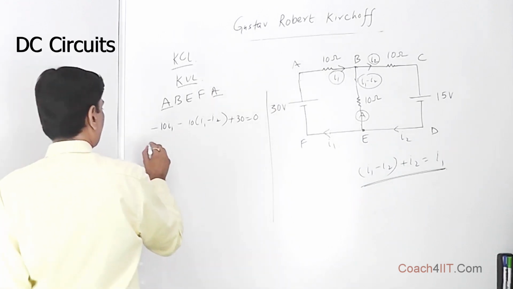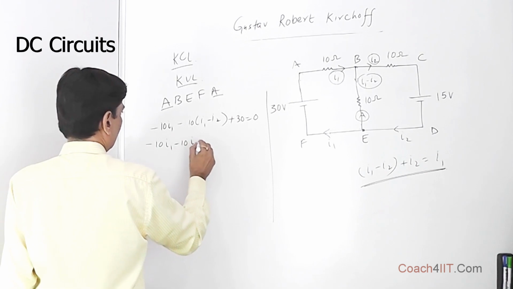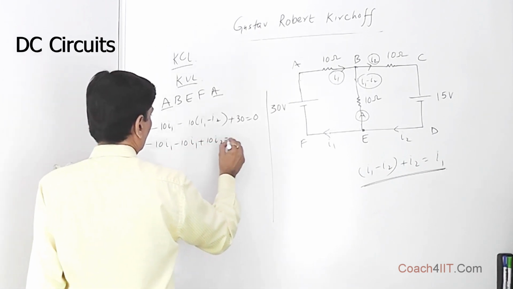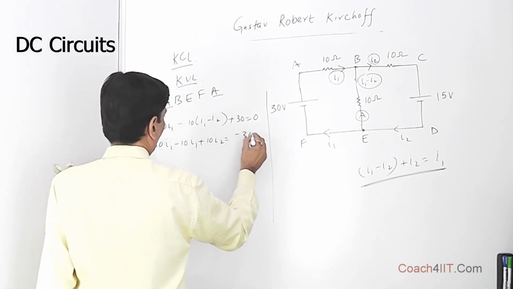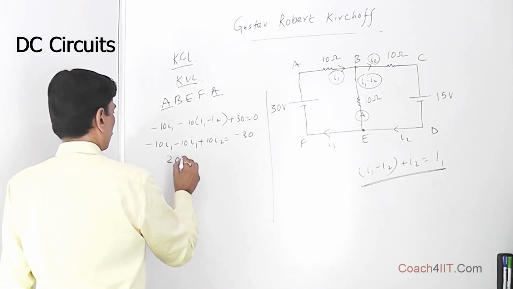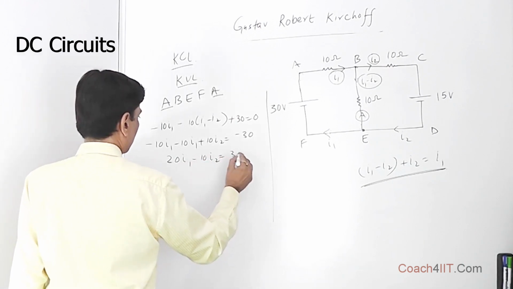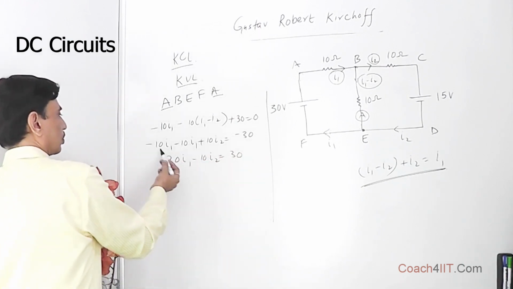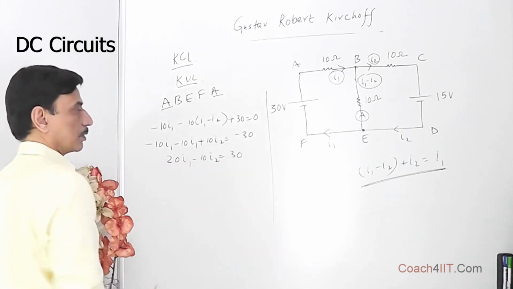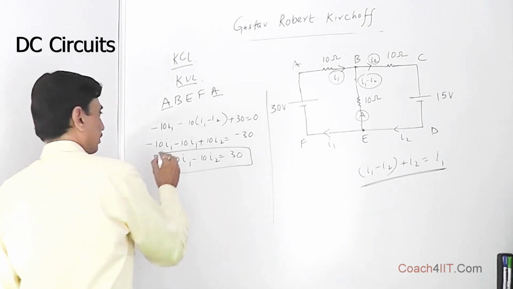So from here we get minus 10I1 plus 10I2 is equal to minus 30. Or we can say 20I1 minus 10I2 is equal to 30. It's one and the same thing, we have multiplied both the terms by minus 1. So this is one equation we get.